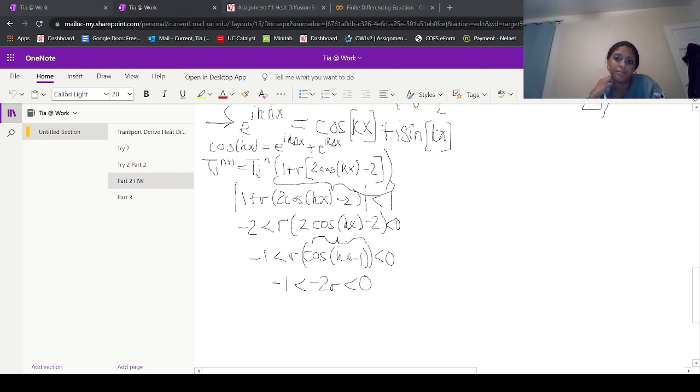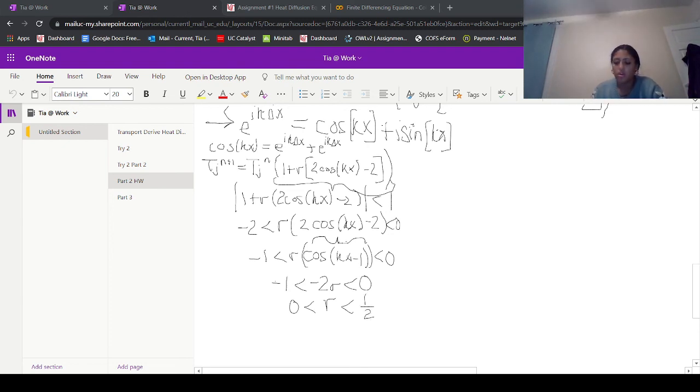When you divide by -2, you switch the signs of the inequality. So then you do 0 is less than r is less than, since -1 divided by -2 is 1/2.